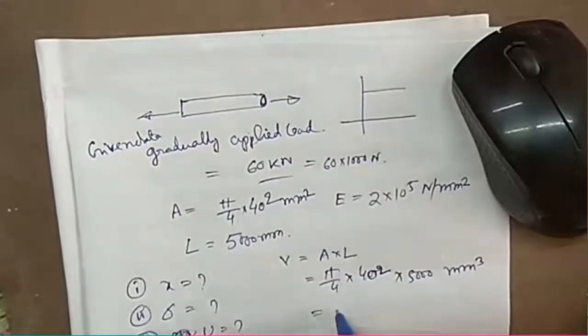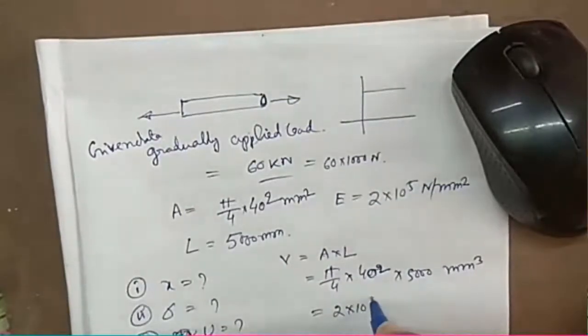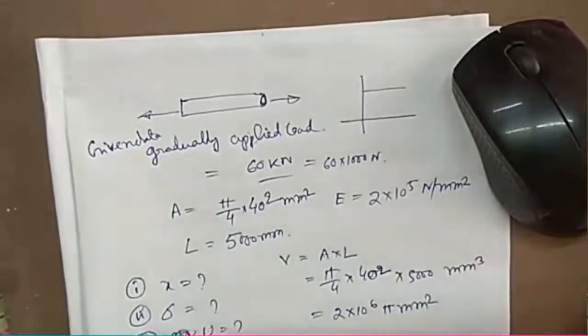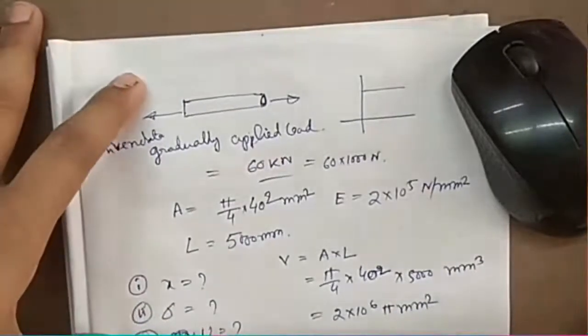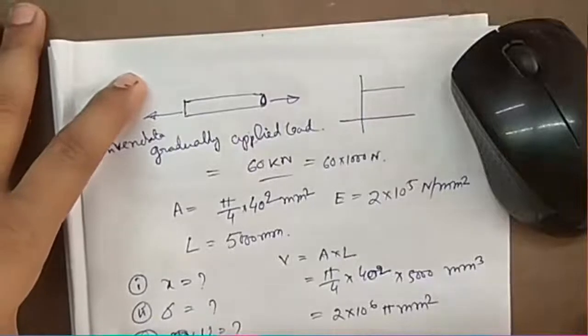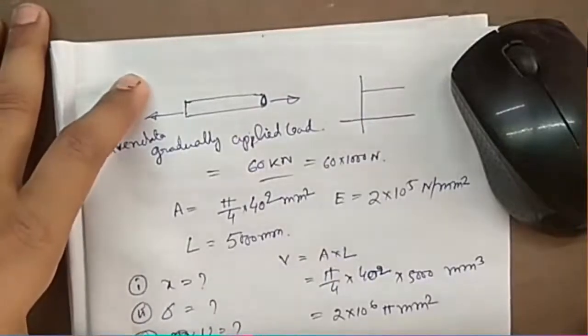I will make it short: 2 into 10 to the power 6 pi mm cube. Okay, now Young's modulus is also given. So first we will find out the stress.